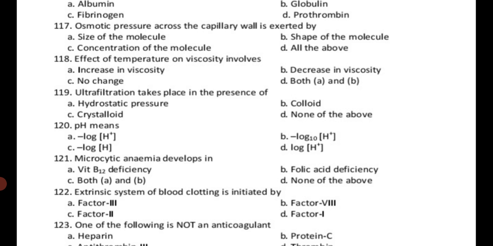Question number 118. Effect of temperature on viscosity involves. The temperature can increase the viscosity or it can decrease the viscosity. So option D, both A and B, is the correct answer for question number 118.